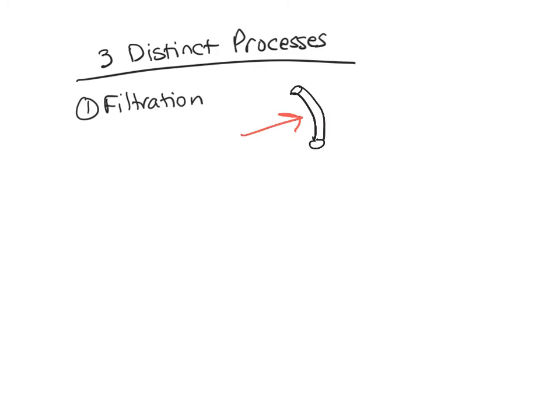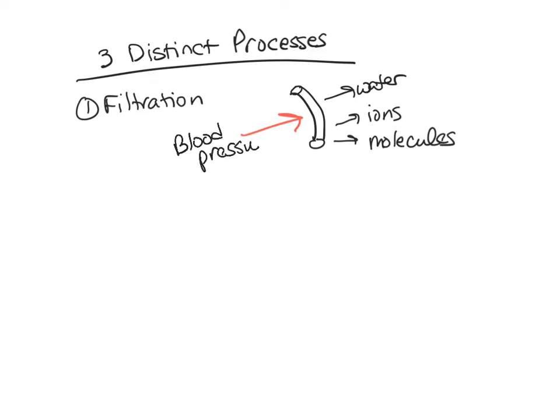And what comes out on the other side of the membrane is water and ions and small molecules. Right? So the majority of filtration occurs because blood pressure is pushing blood up against this filtration membrane, forcing water, ions, and molecules across, but keeping things like red blood cells and white blood cells and little plasma proteins in the blood.